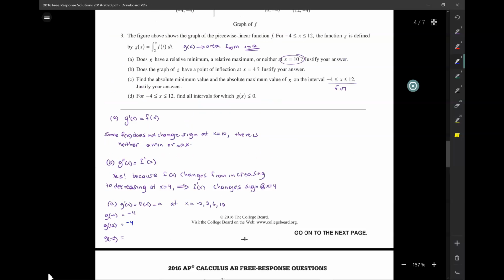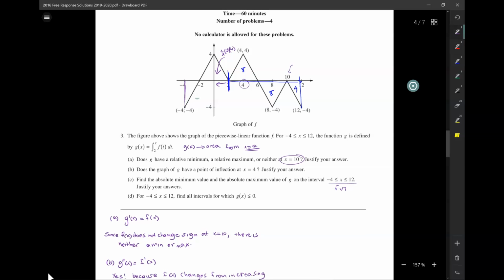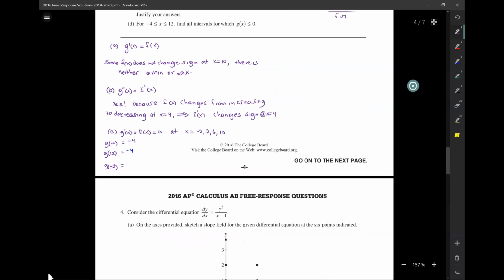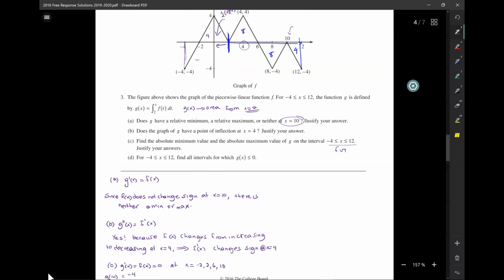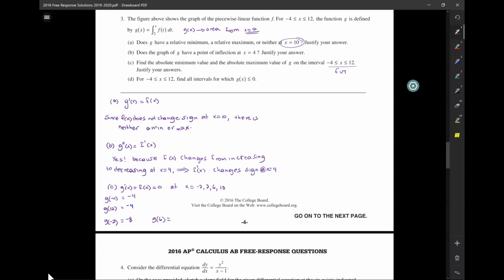G of negative 2, alright, the area here is also 4. So what's g of negative 2? Negative 8. And then what else did we want? G of 6. What's g of 6? 8.